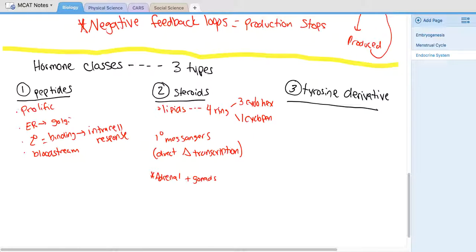And lastly, you have tyrosine derivatives. This is basically one amino acid. Usually this is T3 and T4 from the thyroid, so this is actually for metabolism.